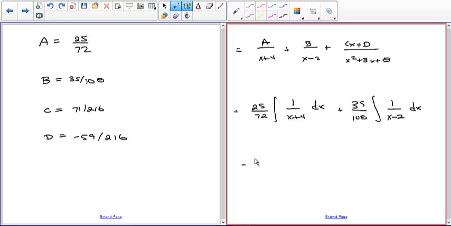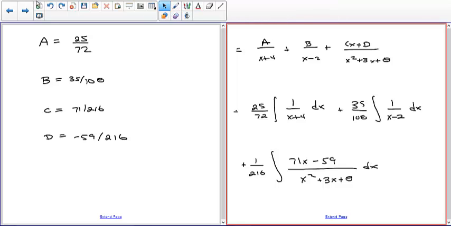So we'll have negative 1 over 216 times the integral of 71x plus 59, all divided by x squared plus 3x plus 8 dx. So the first two are easy. It's going to be just the natural log of the absolute value of x plus 4 and x minus 2. The third one's a little more difficult, so we're going to do that by ourselves here.